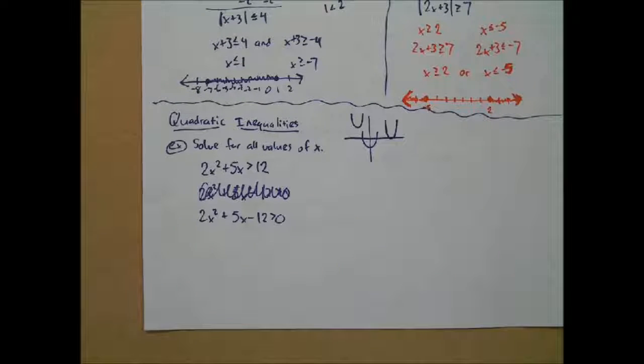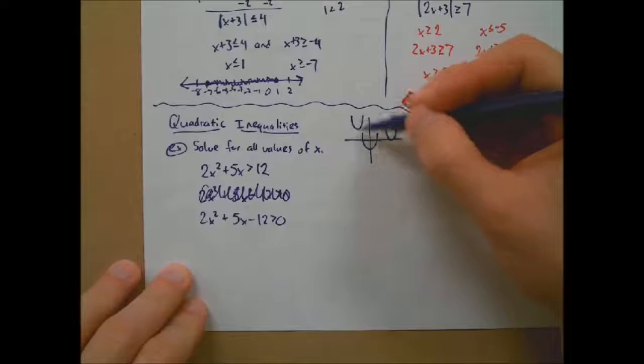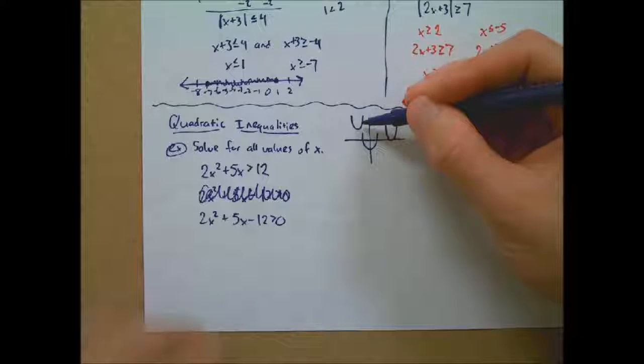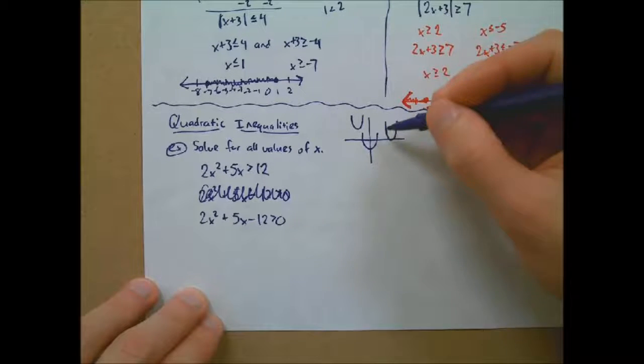For this first situation, what will be our solutions? All real numbers, right? Because this is always greater than 0. It's always above. What will be our solutions here?